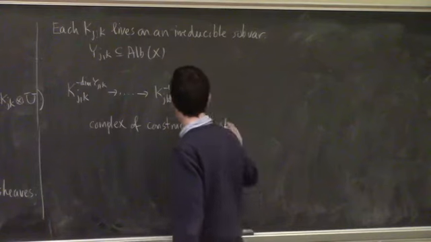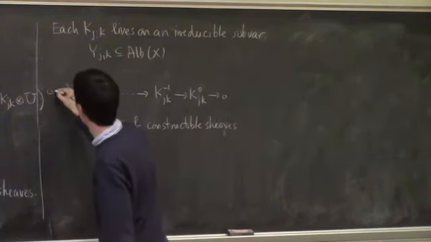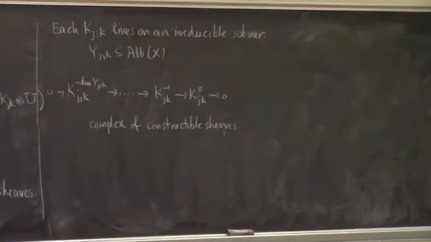The complex is like this. A constructible sheaf is a generalization of a locally constant sheaf. It's a sheaf of finite dimensional vector spaces, but it's not locally constant. Rather, there's a stratification of your space so that on each stratum it is locally constant. But the ranks may not be the same over different strata.